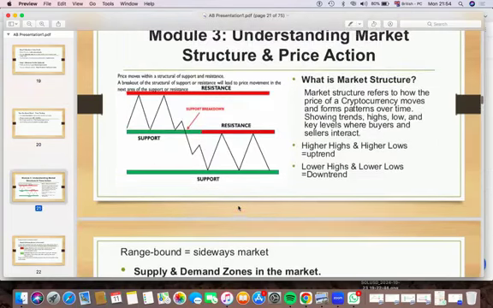Our support area is always where buyers in the market place their limit orders, because they feel that's a fair price for that asset. So there are a lot of orders being placed there.